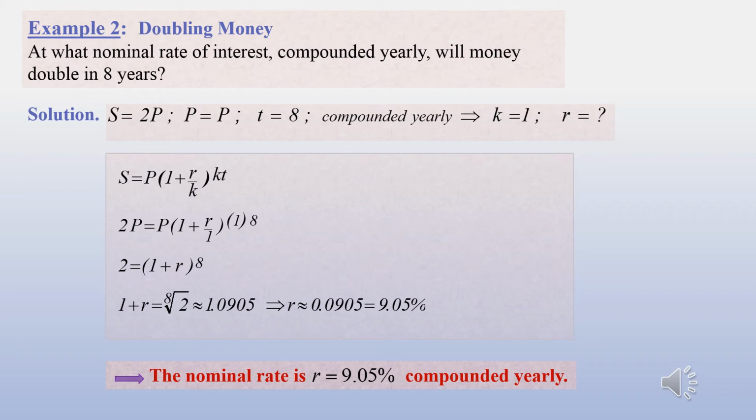So P cancels with P, and we have 2 equal to (1 plus R) to the degree of 8. We solve this equation for R, so R is about 0.0905. So R equal to 9.05%. So the nominal rate is R equal to 9.05% compounded yearly.